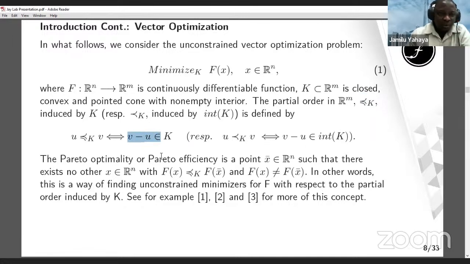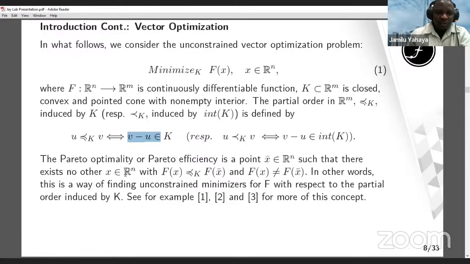So the Pareto optimality or Pareto efficiency is a point X bar in Rn, such that there exists no other X in Rn, with f of X partially less than or equal to f of X bar, and f of X is not equal to f of X bar.